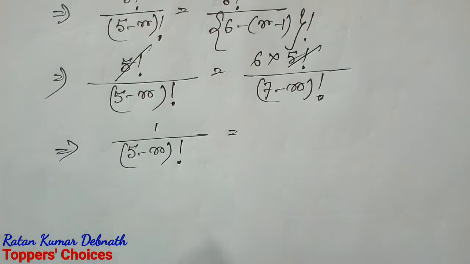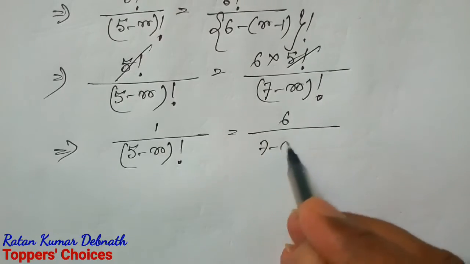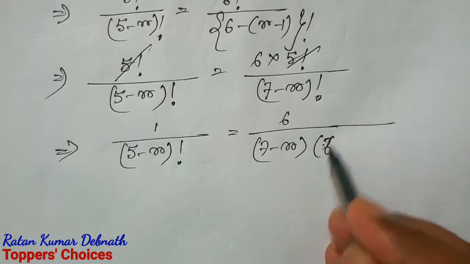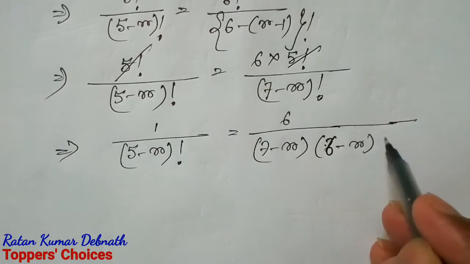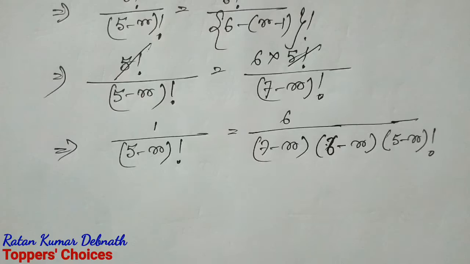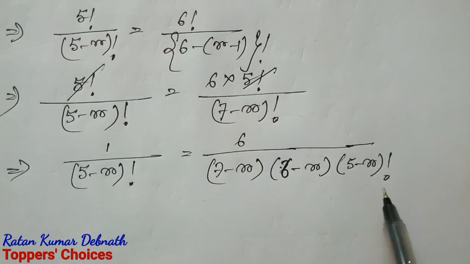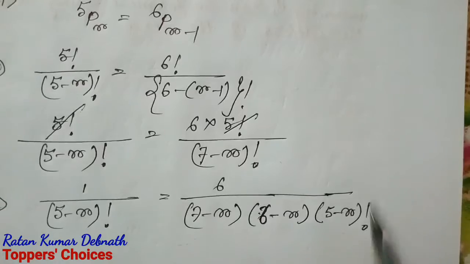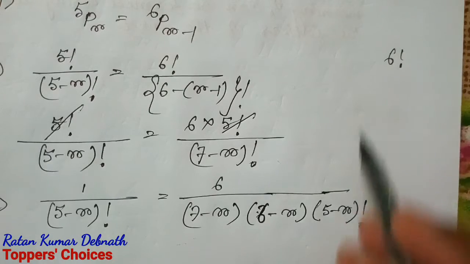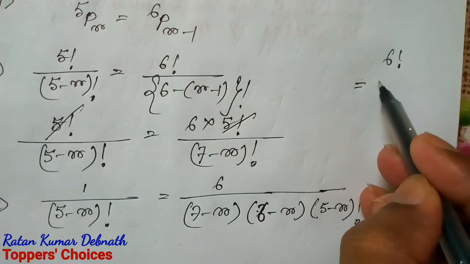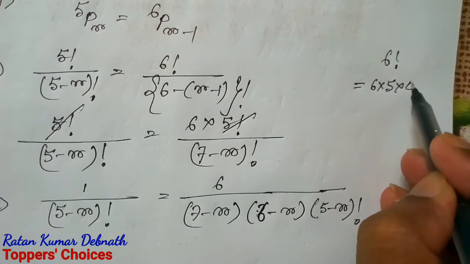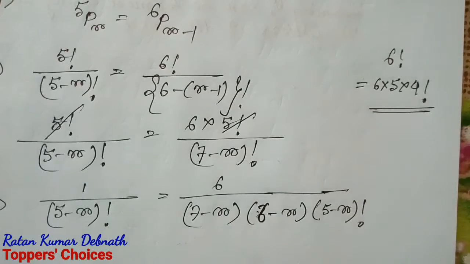5 minus r factorial equals 6 by 7 minus r into 6 minus r into 5 minus r factorial. This part may be difficult to understand for you, but look at this portion. Suppose 6 factorial is there. In that case, we can write 6 into 5 into 4 factorial, isn't it?